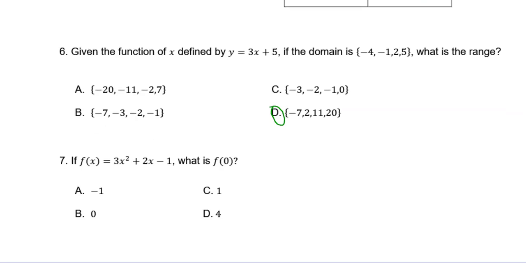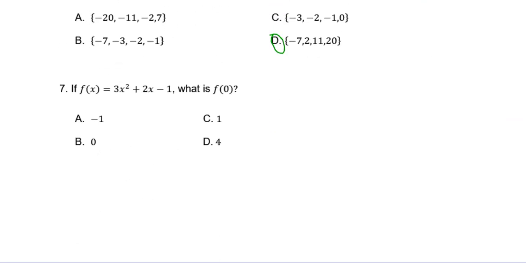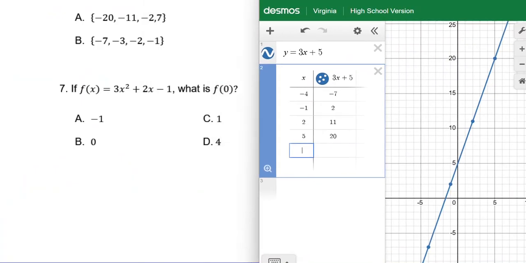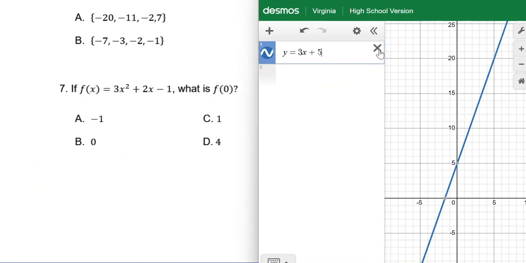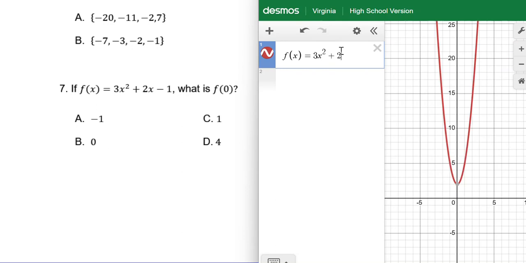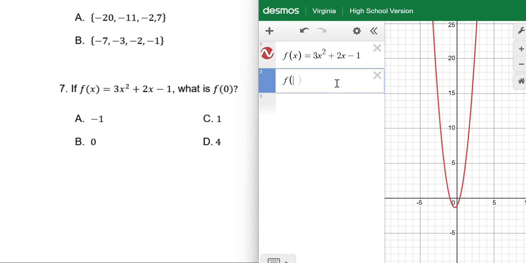All right, number 7. So we have a function. Let me go ahead and put this in Desmos. We're just looking for a function value of 0. So f of x equals 3x squared plus 2x minus 1, and we're looking for f of 0.